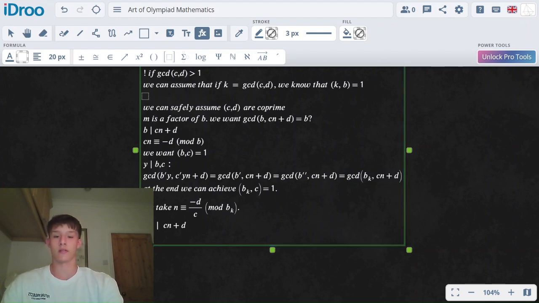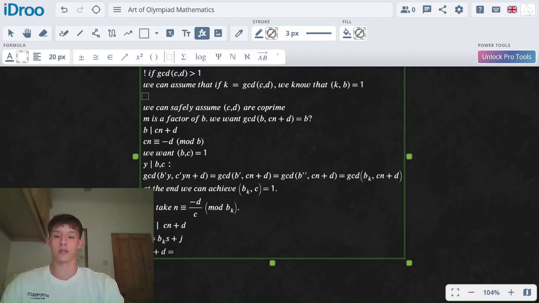So let's rewrite n as bk times some s plus j. Now if we look at Cn plus d, it is equal to C bk s plus Cj plus d.